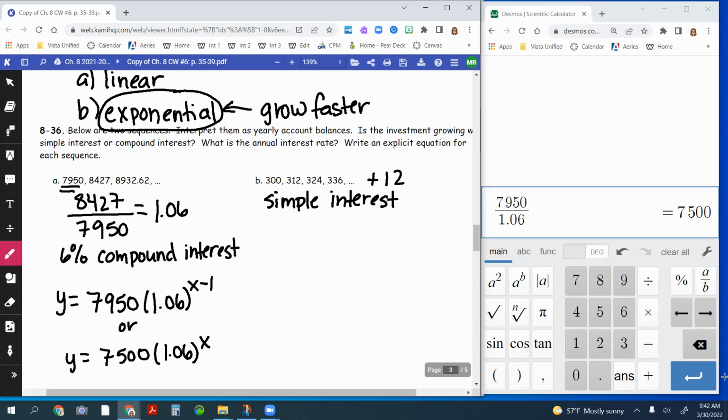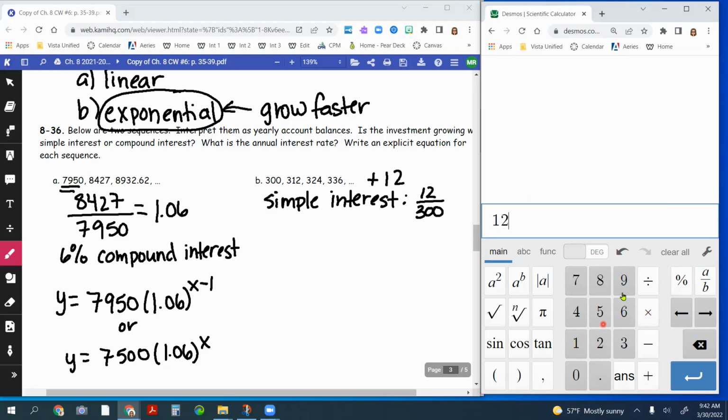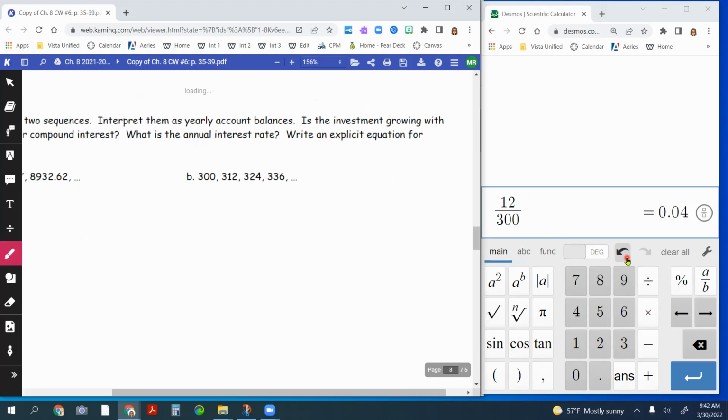And I need to figure out what the simple interest is. So I'm going to see what percent 12 is of 300. So 12 divided by 300, that shows me what percent of it. That is 0.04.